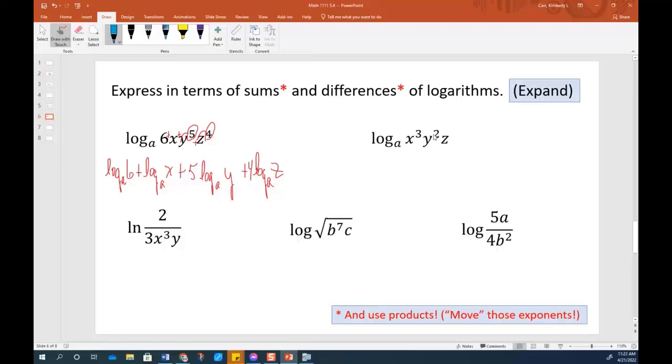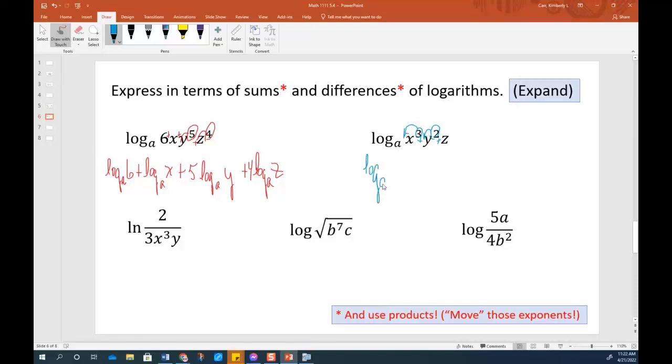So this one, I have 3 factors. Since they're all multiplied, each one of them is going to end up with a plus. And then these that have exponents will end up moving to the front of the logarithm that goes with them. So it's not just going to be 3x, but this gives me a reminder so that my eyes move to where I'm looking, okay?